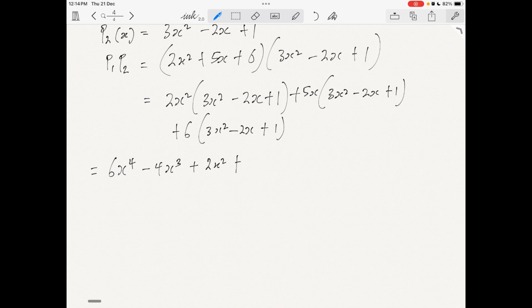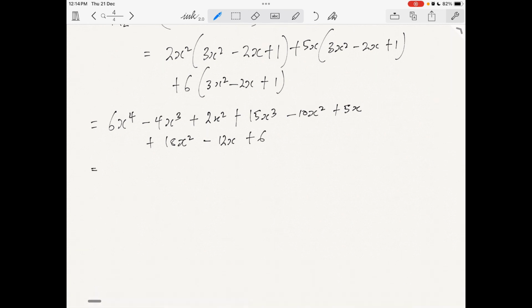Now we open the bracket with 5x: plus 15x raised to power 3 minus 10x squared plus 5x. Open the bracket with 6 again: plus 18x squared minus 12x plus 6.